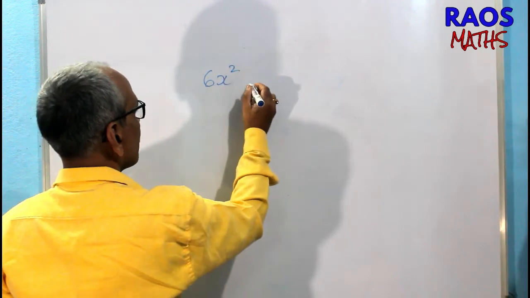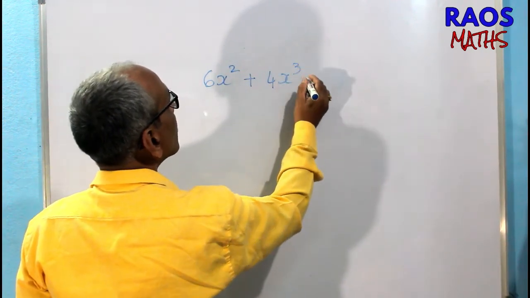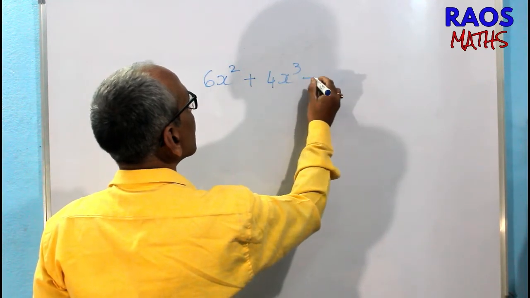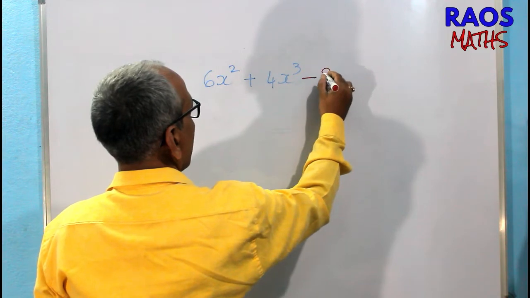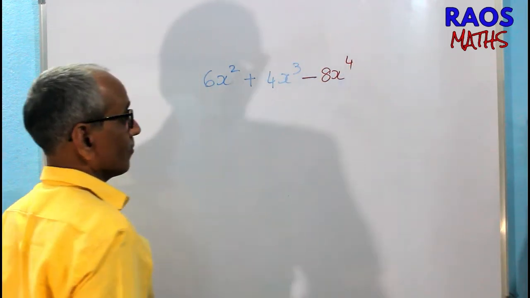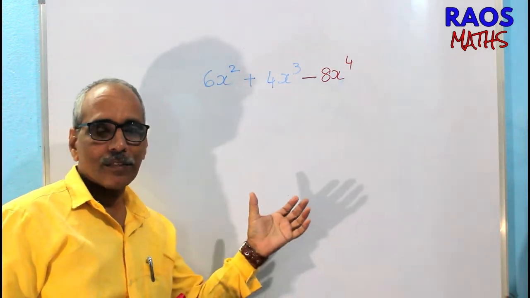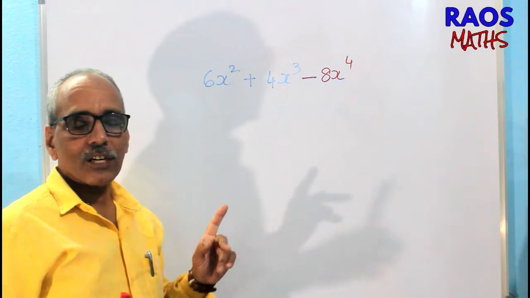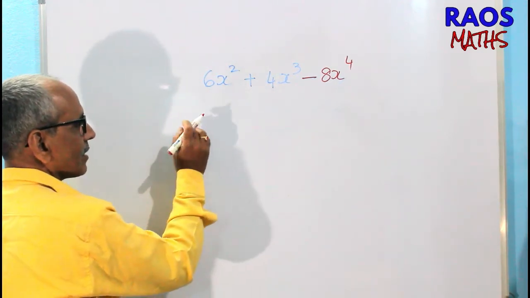6x square plus 4x cube minus 8x power 4. Factorization of these three terms whose powers of x are different: 2, 3 and 4. Okay, let's write the factors of 6.